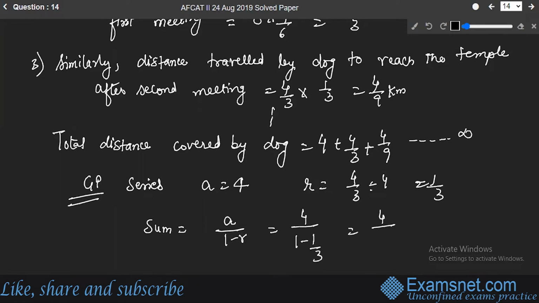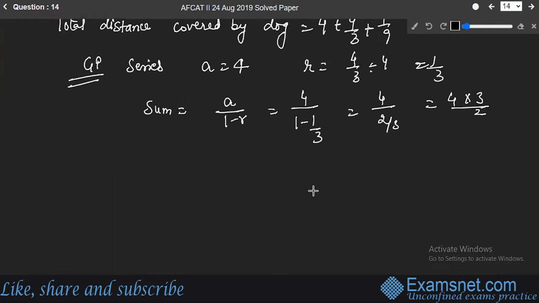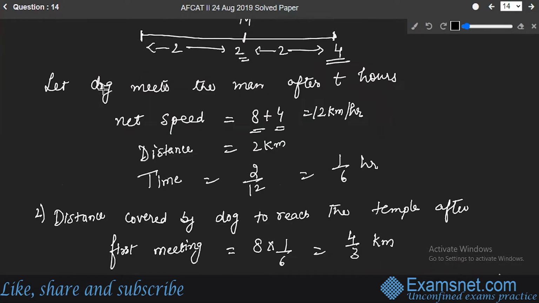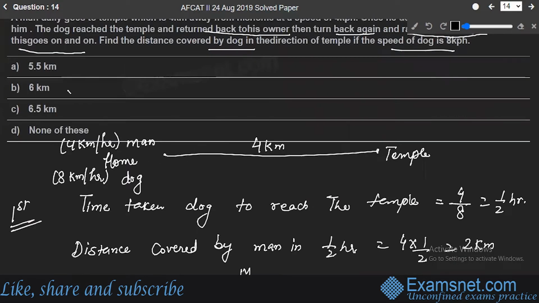This will be 4 upon 2 by 3. So 4 multiplied by 3 by 2. This will be equal to 6 kilometers. So this is the answer for the question. Let's check out the options given. Option B is the correct answer to this question.